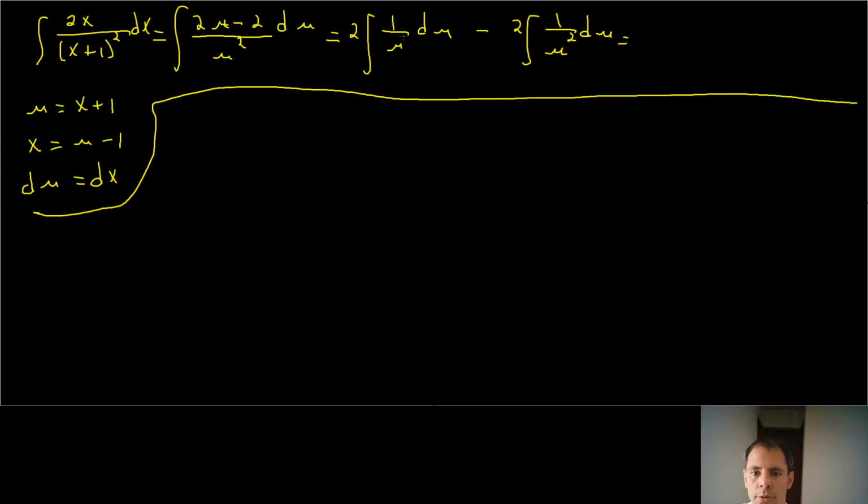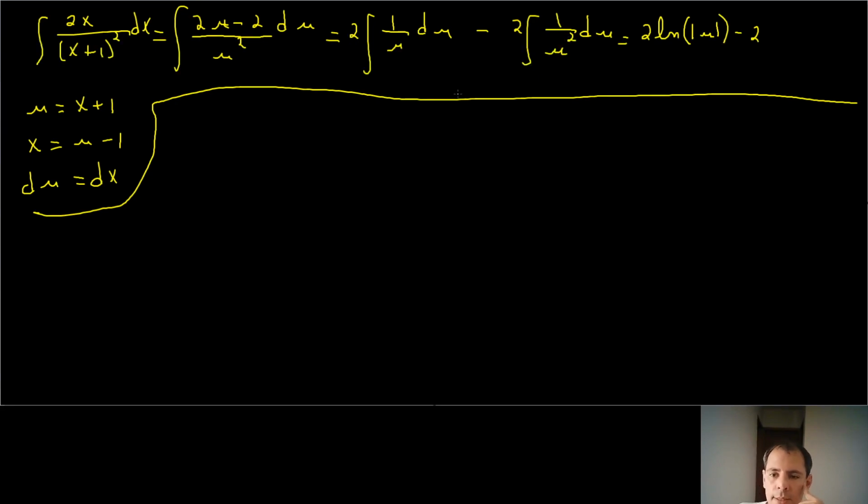So this is going to be equal to 2 ln of u, right? Now you have a minus 2 times the integral.